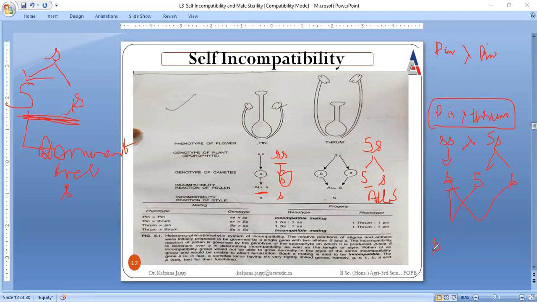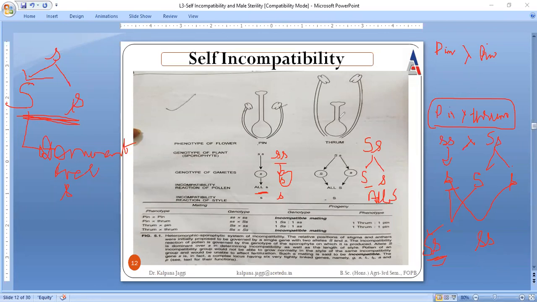So we are going to have capital S and small s in one case, and in another case small s and small s, right? So this is a heteromorphic sporophytic case where, when these two are present together, capital S is going to express itself, so all of them will be the same phenotypically. This is clear, I hope this is clear to all.